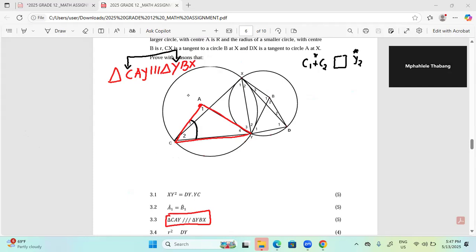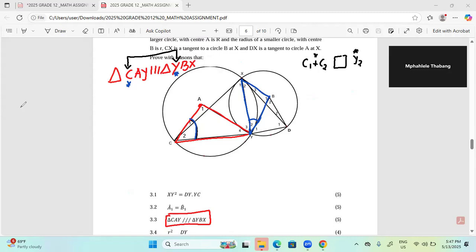YBX. These are the triangles that we are proving are similar. So from these two triangles, we want to check which angles are equal. Just because they started with C here, the angle C must be equal to the angle Y. So I'm going to say C1 plus C2 somehow must be equal to Y2.